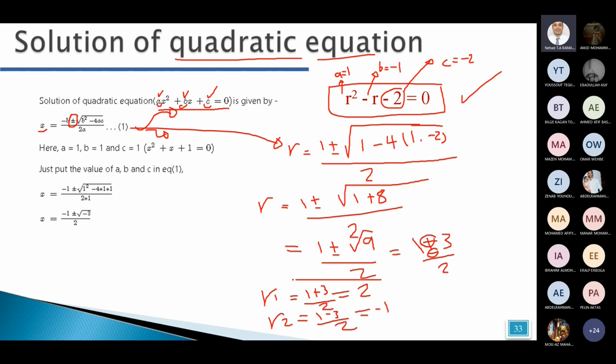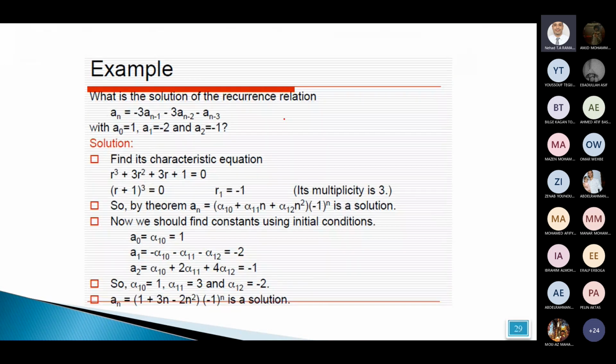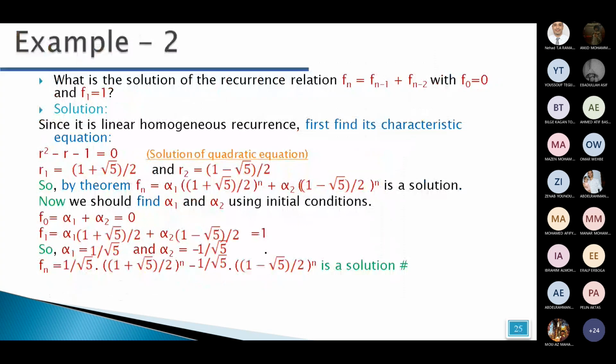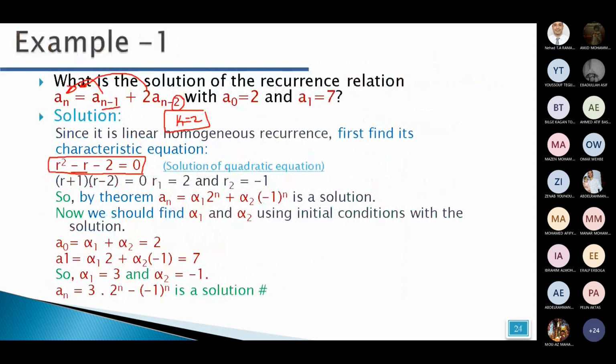So r1 equals 2, r2 equals minus 1. These are the two solutions using this rule.